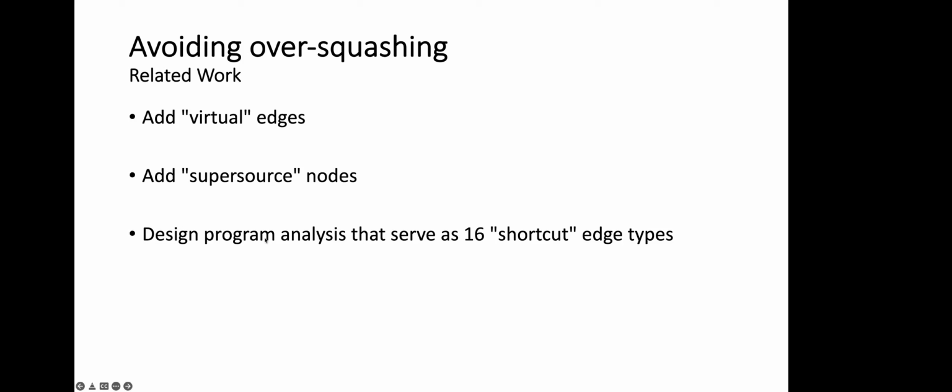Other work designed program analysis that serves as some shortcut edge types. However, all this existing work does not explicitly explain the solutions using over-squashing, and did not identify the bottleneck and its negative cross-domain implications.